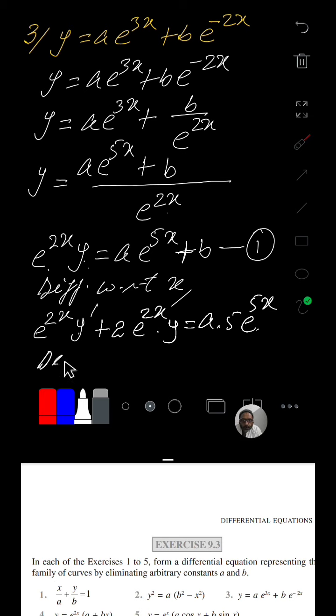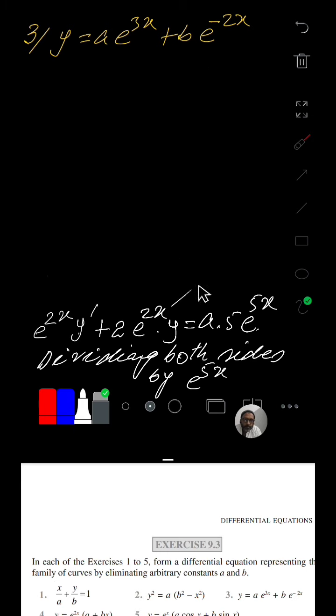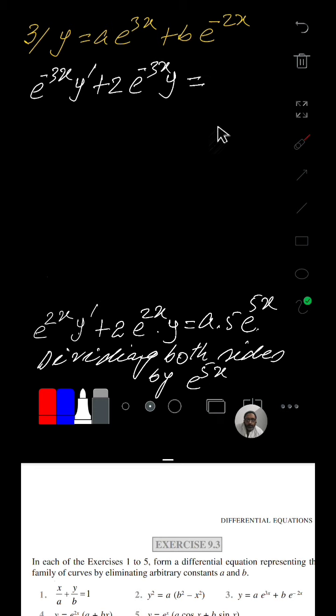So the first term will be e raised to the power minus 3x, when we divide e raised to the power 2x by e raised to the power 5x, we get e raised to the power minus 3x y dash, plus 2. And if we divide e raised to the power 2x over here, we get again e raised to the power minus 3x and y as it is. And on the right hand side, we get 5a.